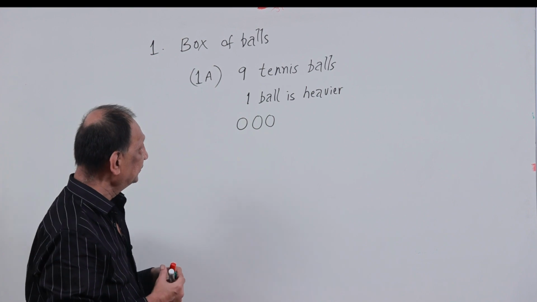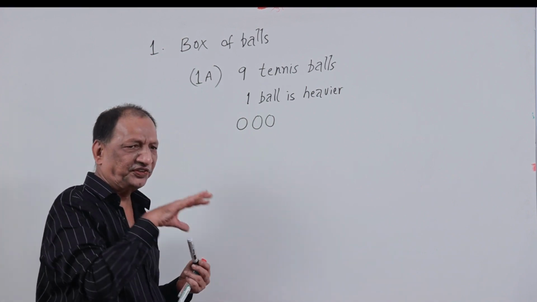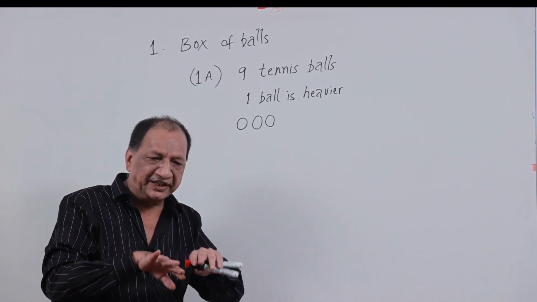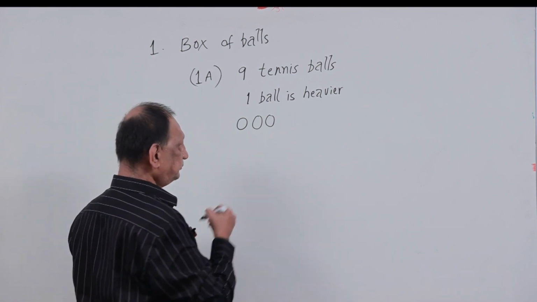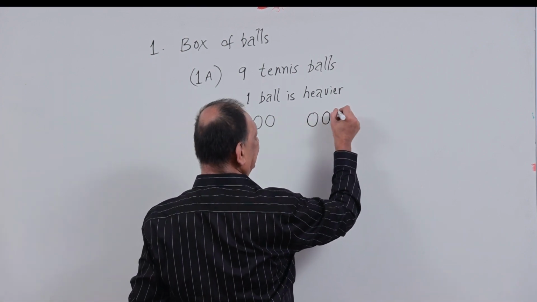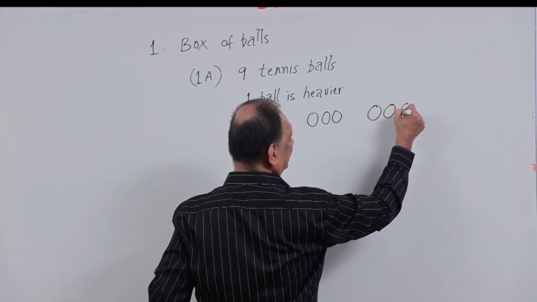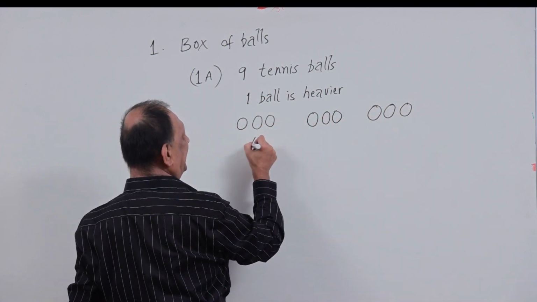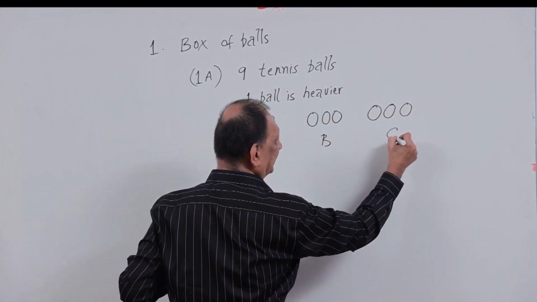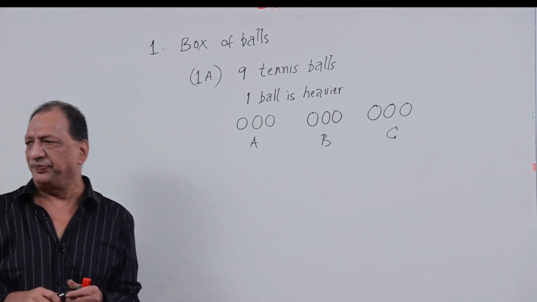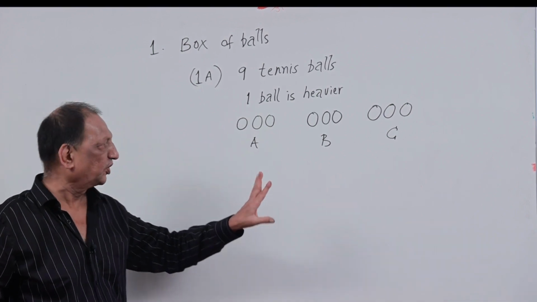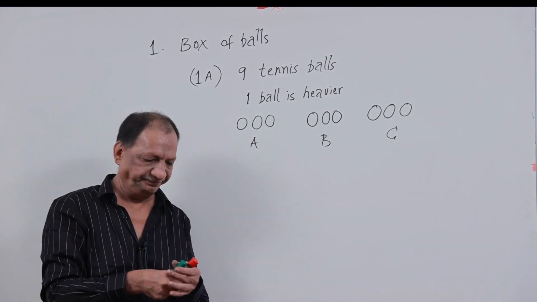So now I got 9 balls. The first thing that we do is separate it into 3 groups, each containing 3 balls. We can call them group A, group B and group C, correct? I got 3 groups, A, B, C. Each has got 3 balls, right? So now we take a balance.